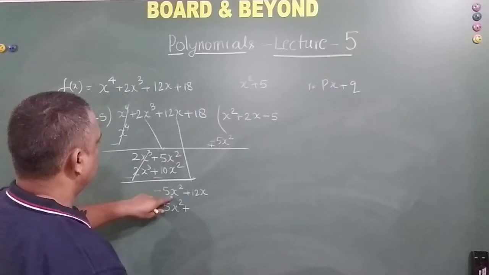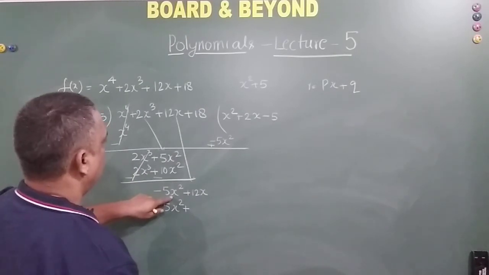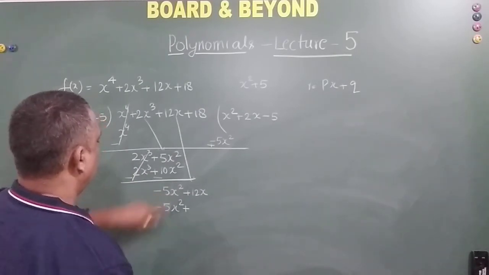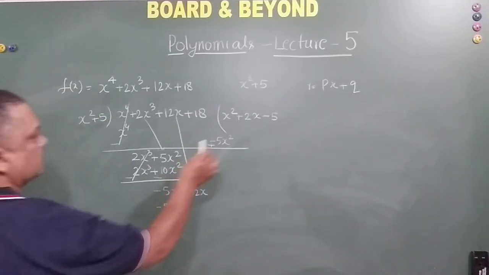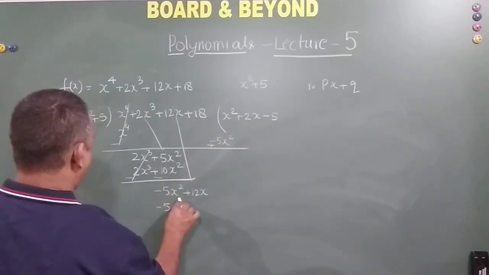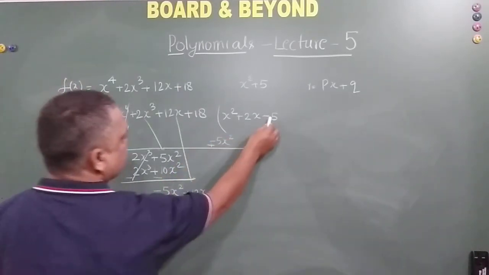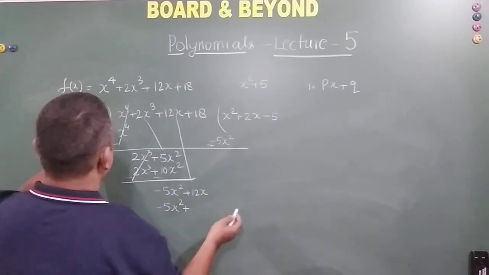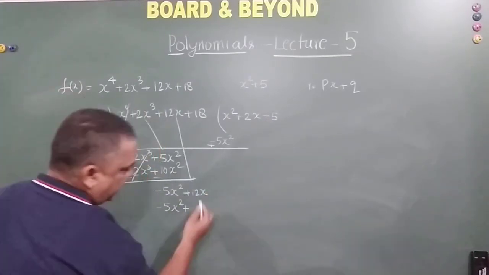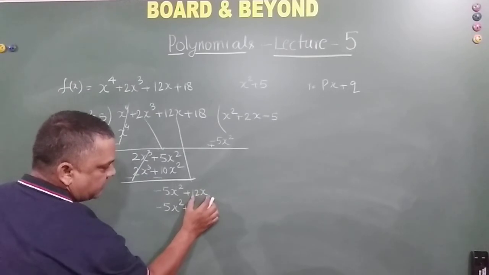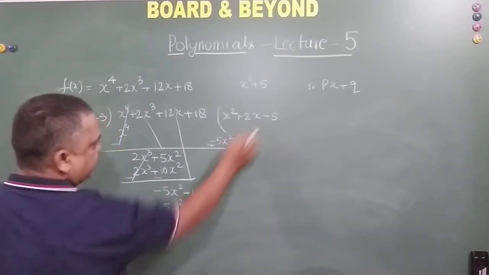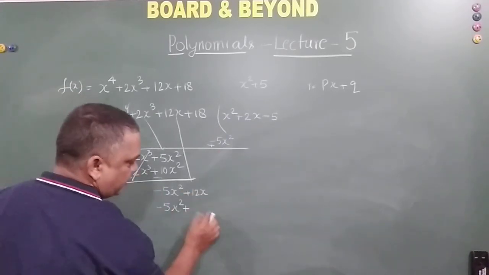So how much is this coming to be? Minus 25. See, it's an x term here, and the second portion which is coming to us is minus 25.